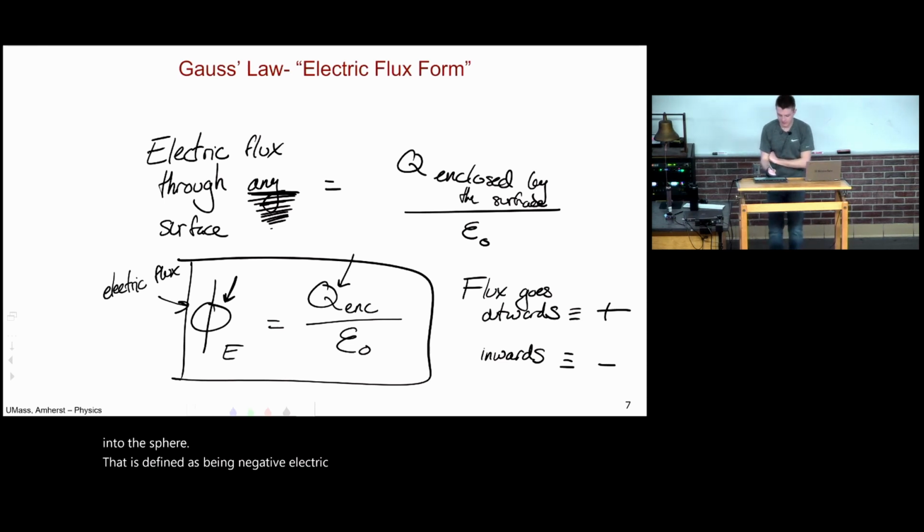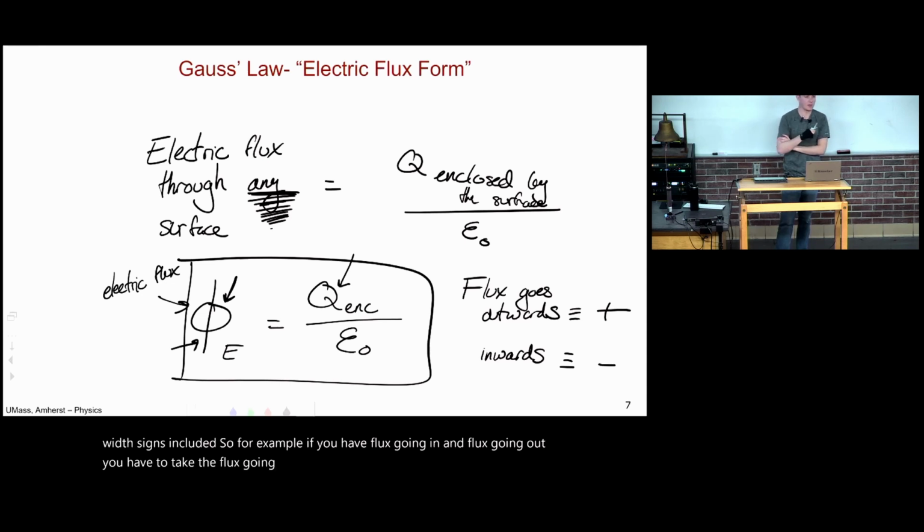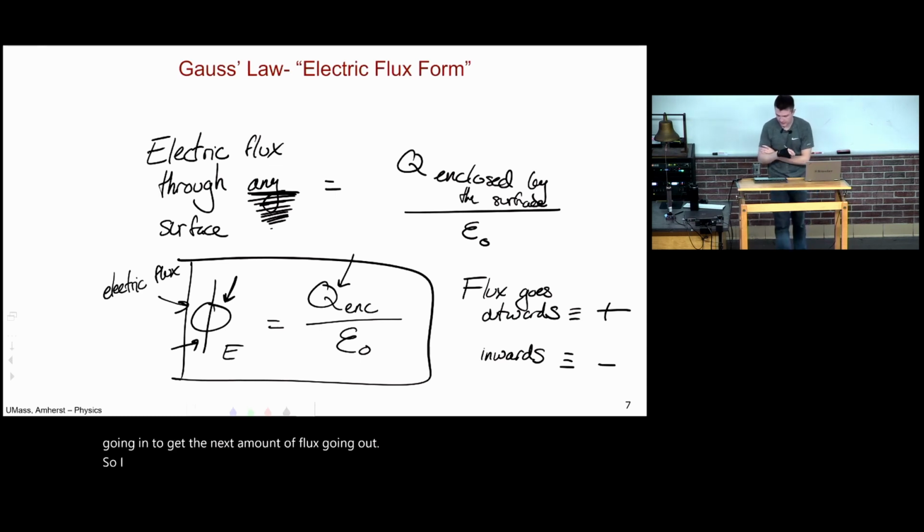And this flux here is the total with signs included. So for example, if you have flux going in and flux going out, you have to take the flux going out, subtract out however much flux is going in to get the net amount of flux going out. Sorry, I should say the net. I think I misspoke.